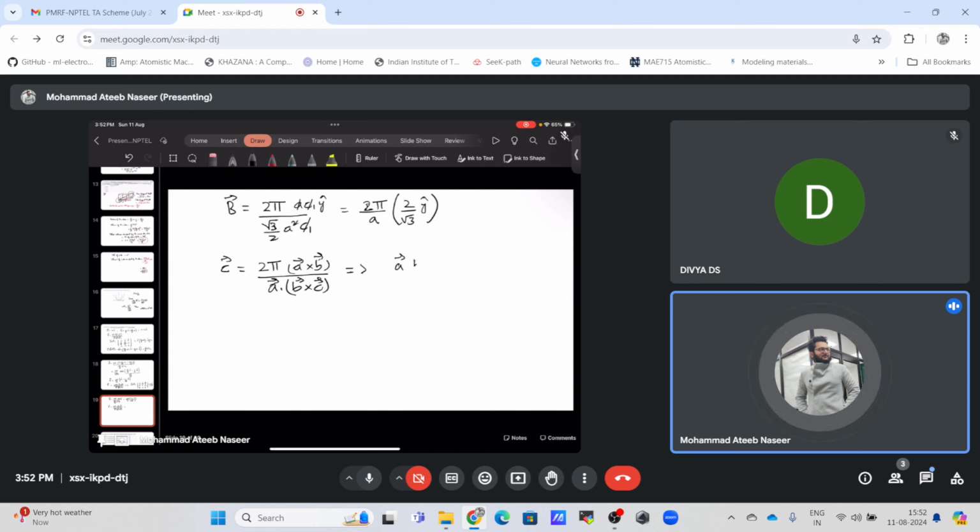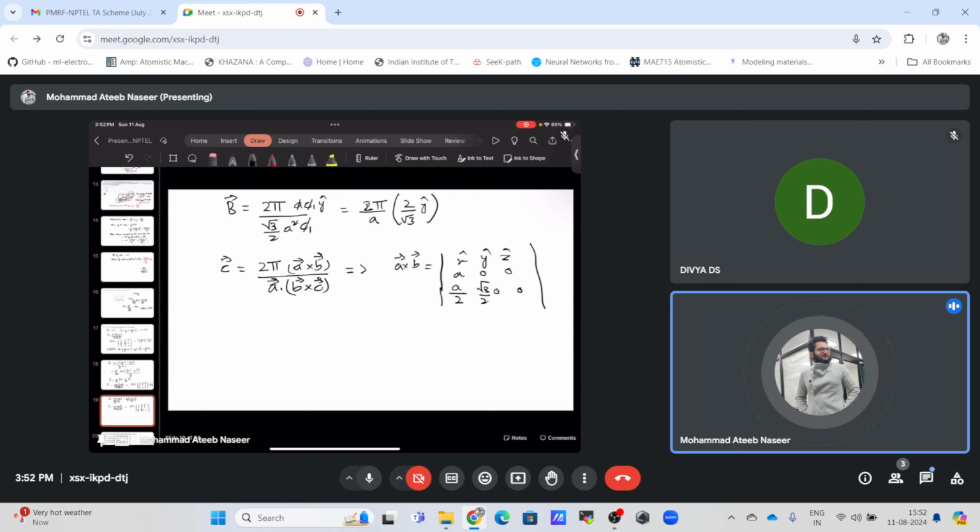We need to find this a × b, which is the determinant of x̂, ŷ, ẑ. So this will be a 0 0, this will be a/2, √3/2 a, 0.